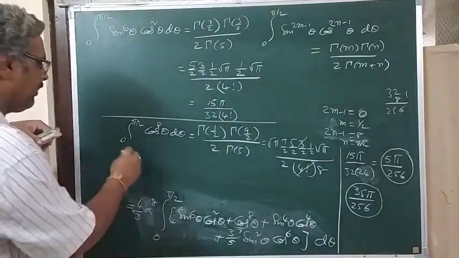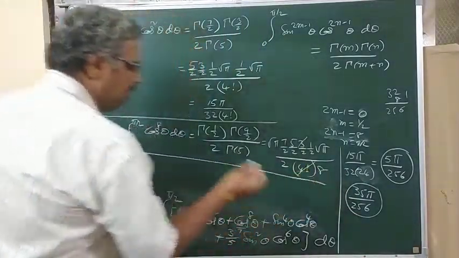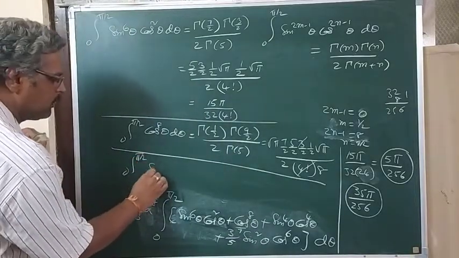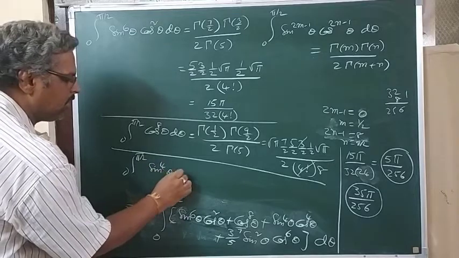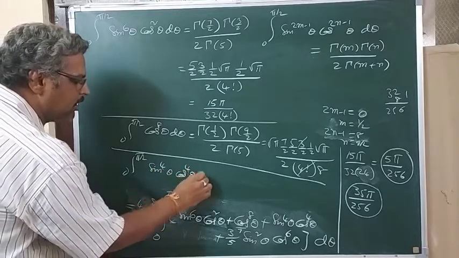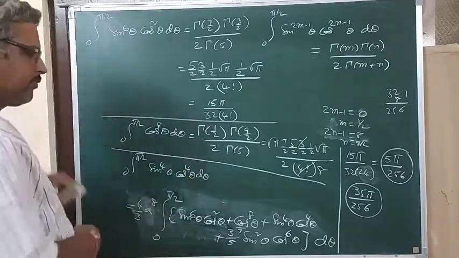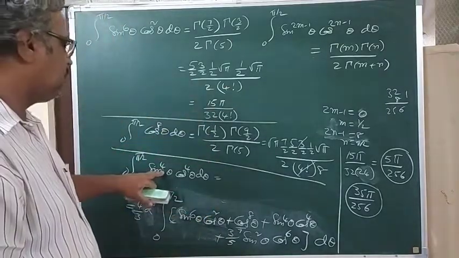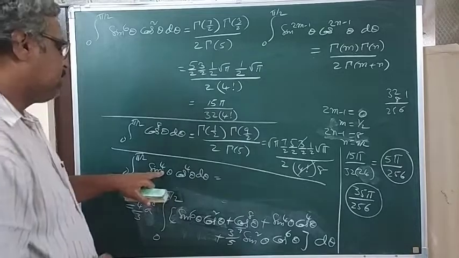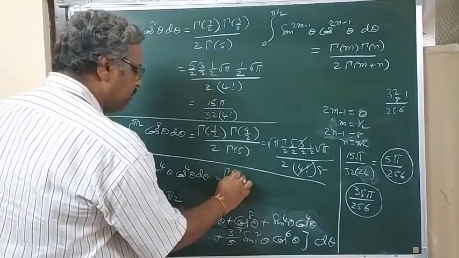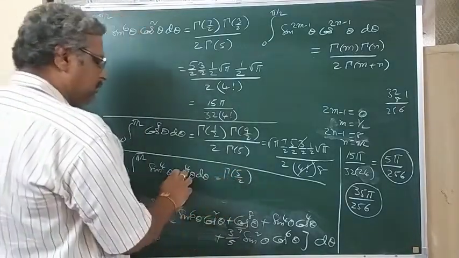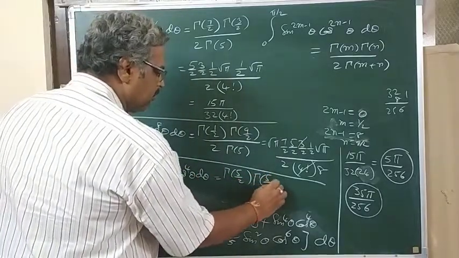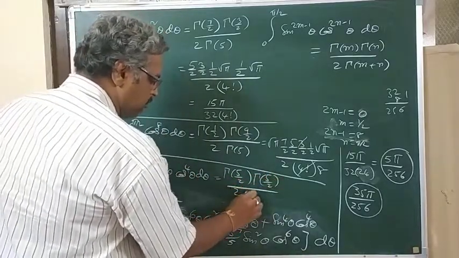In a similar way, the third integral. Integral 0 to pi by 2 sin power 4 theta cos power 4 theta d theta equals, again same, 2m minus 1 equals 4, m equals 5 by 2, gamma 5 by 2. This is also gamma 5 by 2 by 2 into 4 factorial.